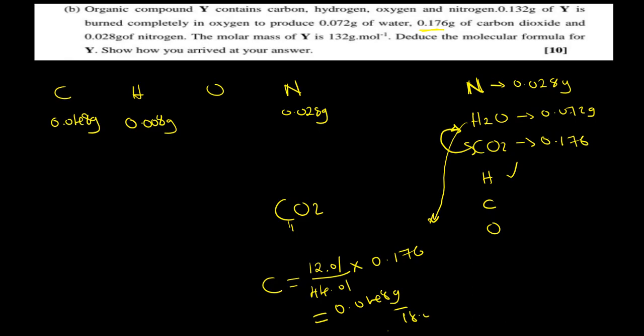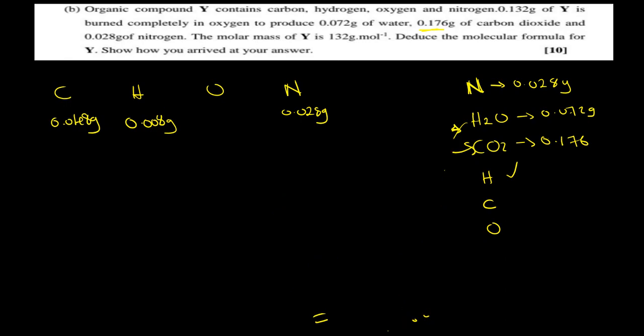We have remained with oxygen. Now how do we calculate for oxygen? This is where it is a bit tricky. To calculate oxygen, the oxygen we have is equal to the total minus the open bracket, hydrogen plus nitrogen plus carbon. We bring their masses.